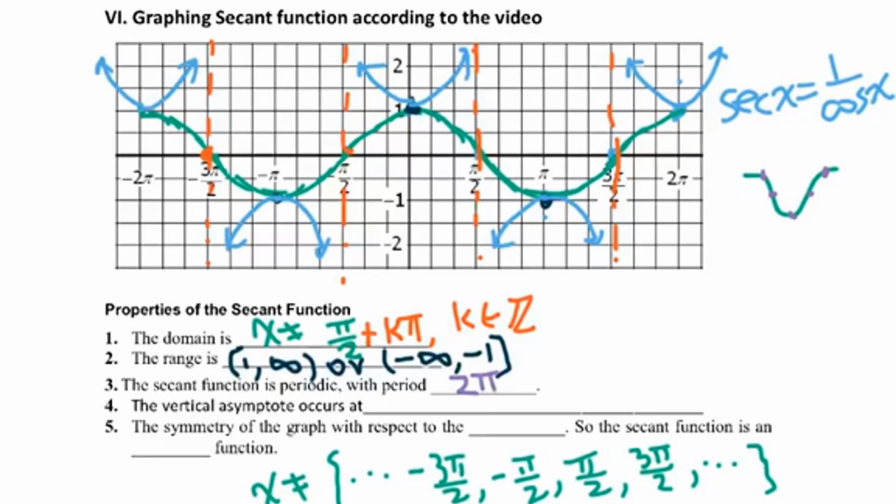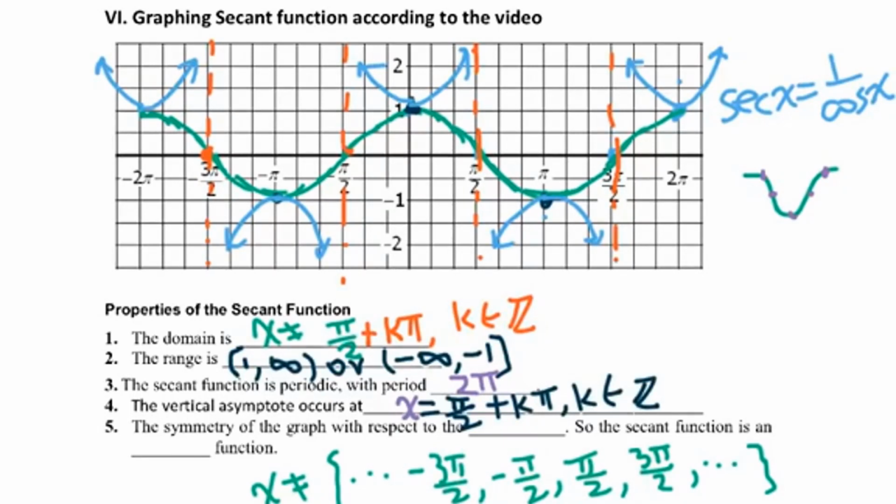The vertical asymptote lines occur at, just check the domain part. So you get x equals pi over 2 plus k pi, where k is an integer.